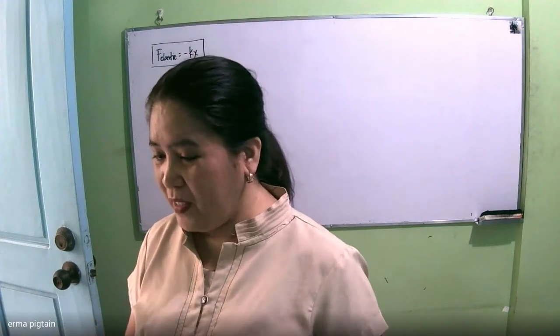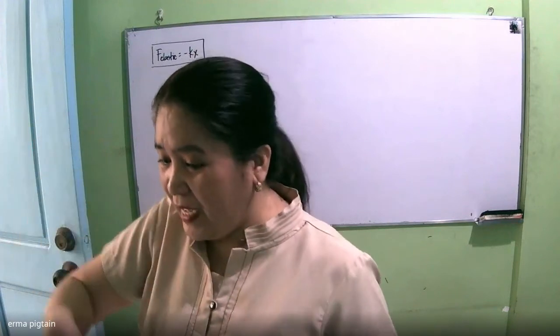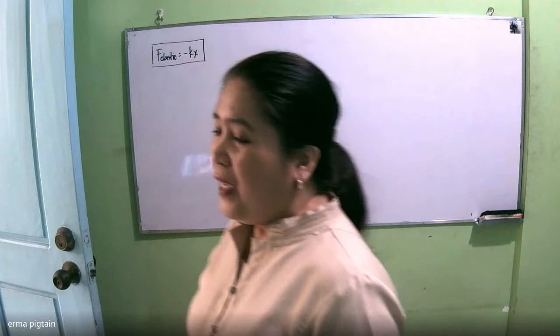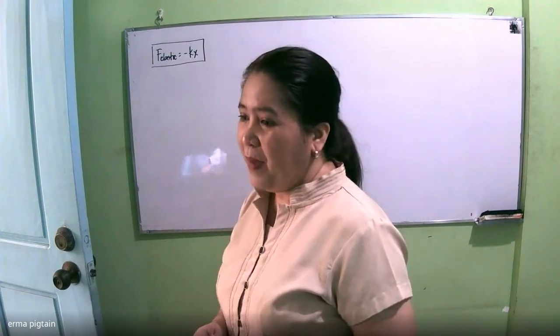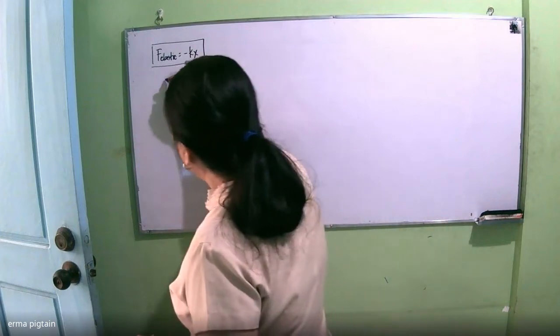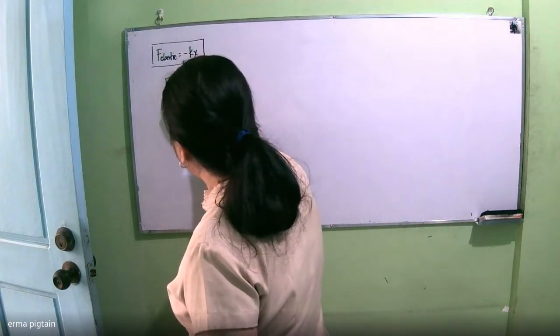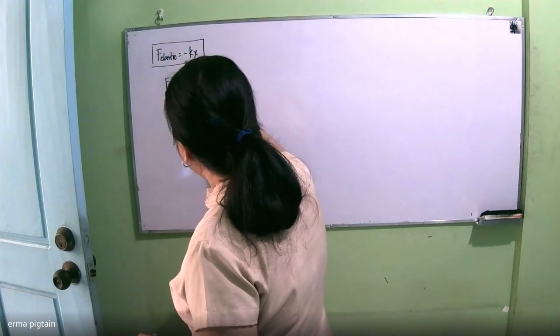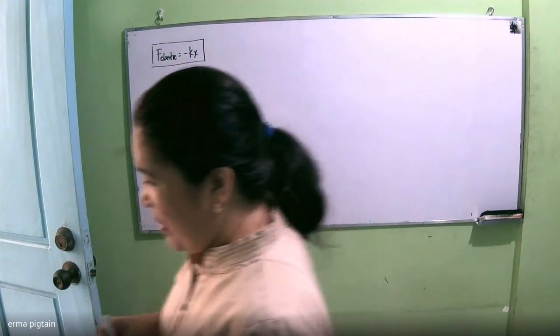Yun yung nagpo-cause kung bakit nagpa-pop up yung clown from the can. Okay? So a jack in the box lid will pop open when a crank is turned on the outside of the box. If Jack pushes inside the box with a force of 2.5 Newton, so ang force natin dito is 2.5 Newton, diba? For a while.